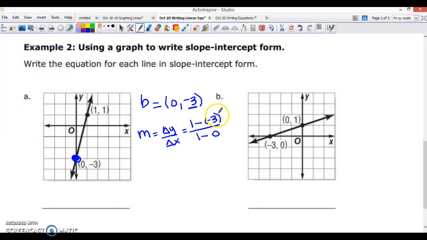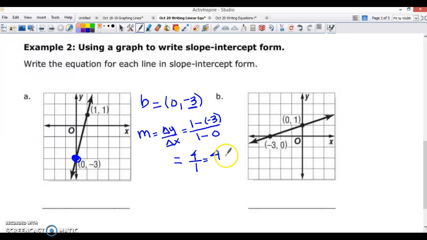Remember, if you're doing it this way, y2 minus y1 over x2 minus x1, you want to make sure that whatever order you use on top, you use the same order on the bottom. Don't change the order. All right. So 1 minus a -3 is 4. And 1 minus 0 is 1, which 4 divided by 1 is just 4.